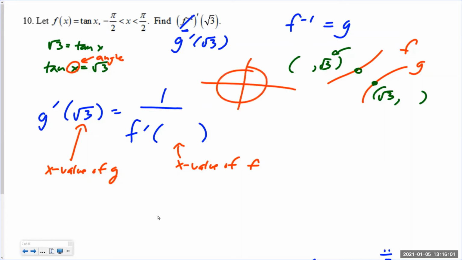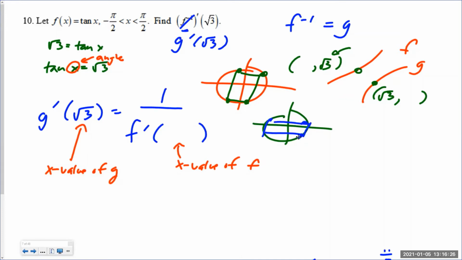Go back to your unit circle. You guys need to memorize this. If ever the tangent value is square root of 3, you get a tall rectangle in here. Put in a tall rectangle, and all of these points are square root of 3. It might be positive square root of 3, it might be negative, but all of these are square root of 3s. If you have square root of 3 over 3, those tangent values are like the short rectangle.